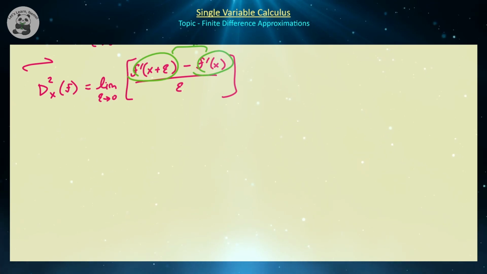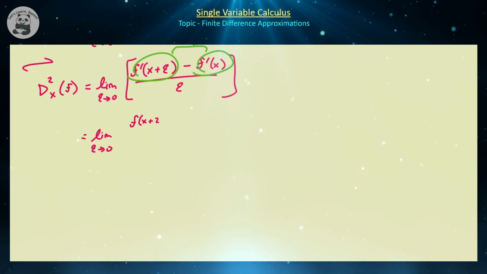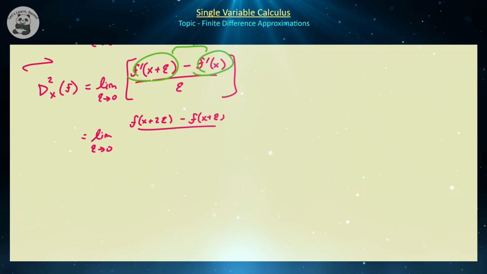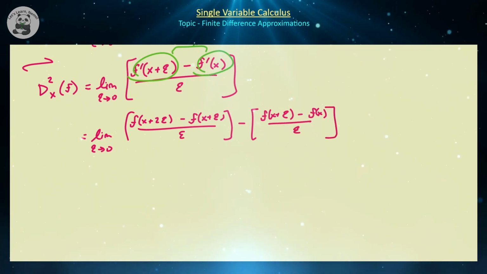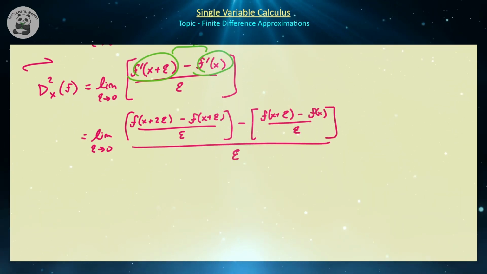That's going to be equal to the double limit as epsilon goes to 0 of, so that first derivative is going to turn into f of x plus 2 epsilon minus f of x plus epsilon all divided by epsilon, and then minus f of x plus epsilon minus f of x all divided by epsilon, all divided by that lonely little epsilon that used to be there.